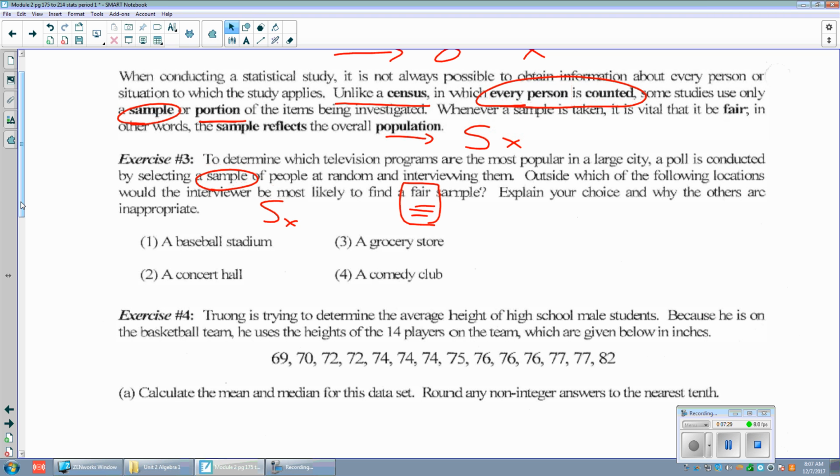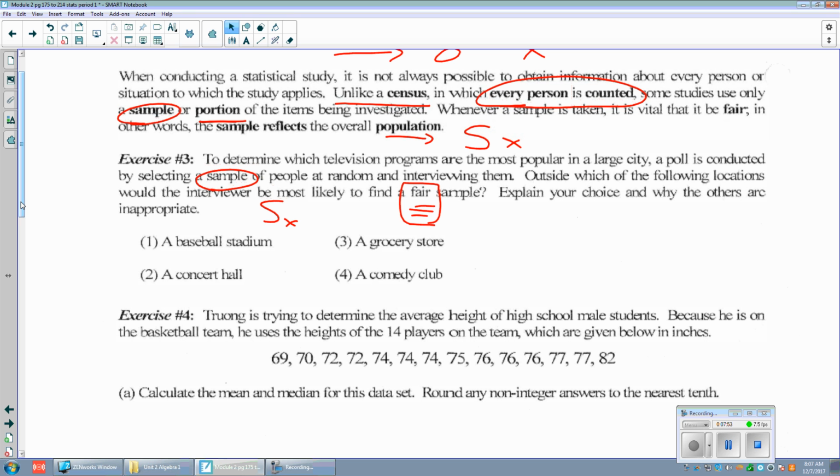Those are not fair. If you ask a 7-year-old what is the most popular dinner, they might say ice cream or pizza. Okay? Ask another population, they might say lentils. They might say spaghetti.